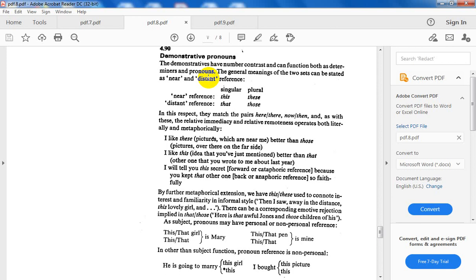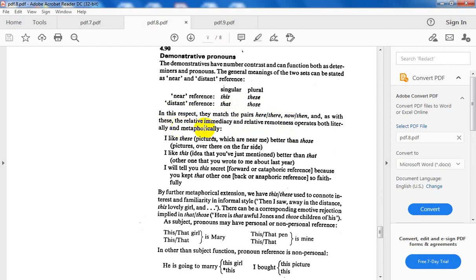The general meanings of the two sets can be stated as near, meaning this and these, near the reference, while that and those are distant, far. In this respect they match the pairs here and there: here for near, there for distant, now for near, then for distant.